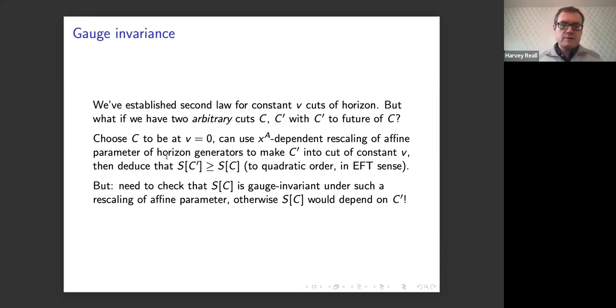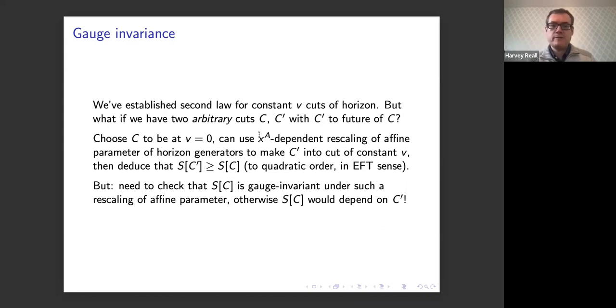So the idea is, well, we can always choose C to be at V equal to 0. So we can base our Gaussian null coordinates on this cut C. And then we can use some freedom that's present in the construction of Gaussian null coordinates, which is the freedom to rescale the affine parameter along each generator in a different way.